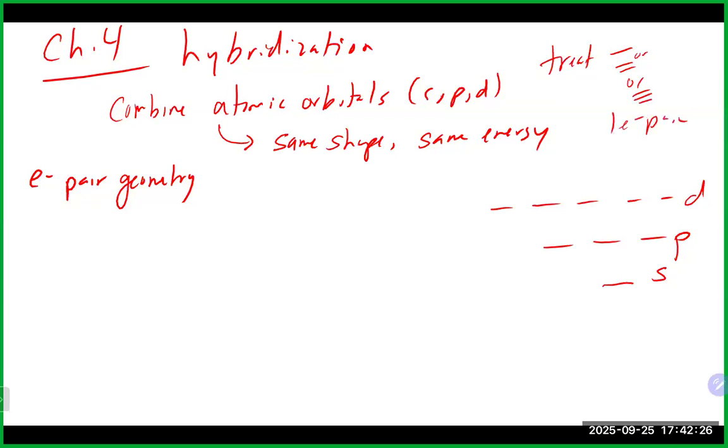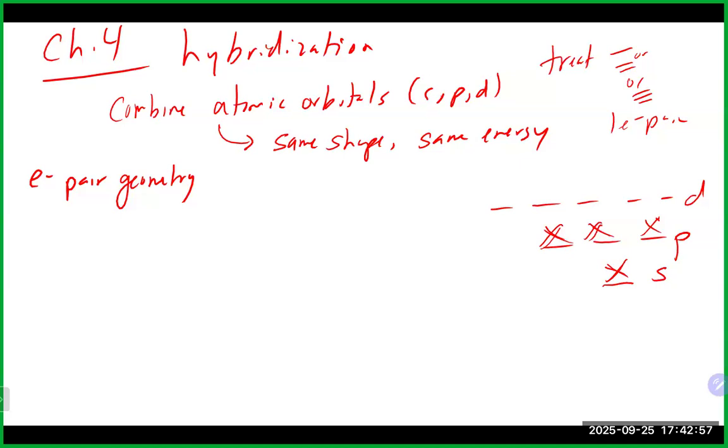That is also how we count electron pairs for hybridization. If you count up 3 electron pairs, 1, 2, 3, that gets you an sp2 hybridized atom. If you had 4 electron pairs, 1, 2, 3, and 4, you would have sp3, and so forth.